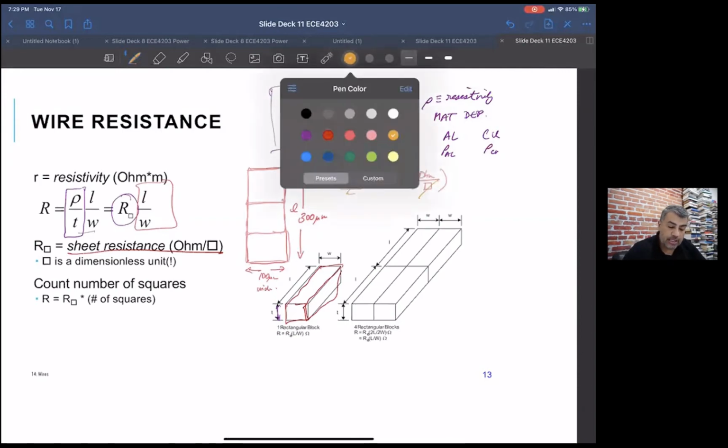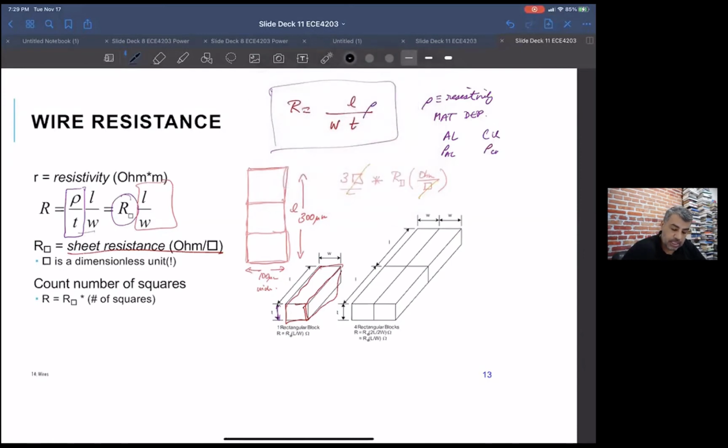Now, if I had a line that was 30 microns long and 10 microns wide, I would still only get 3 squares in there. So these two would have exactly the same resistance, which makes sense because the ratio of length to width is the same.